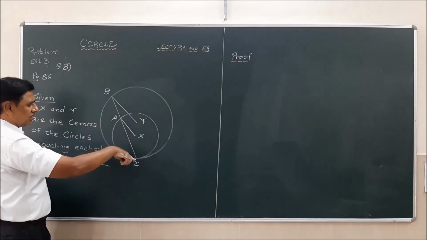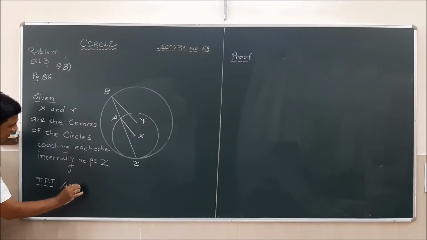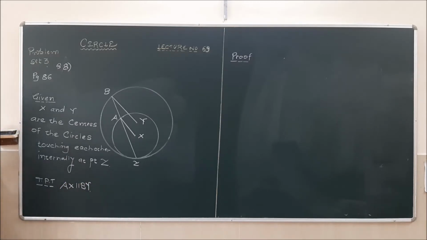They are touching each other at point Z. To prove that AX is parallel to BY. Okay, please have a look here.